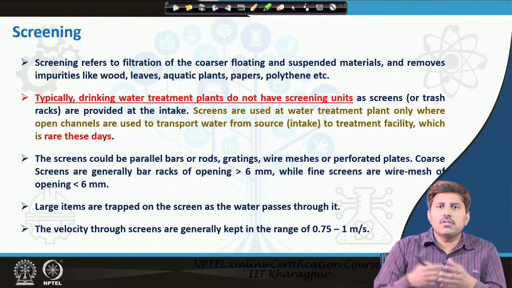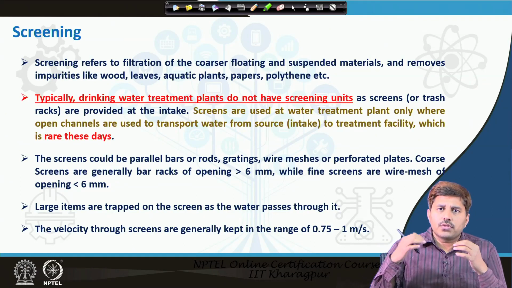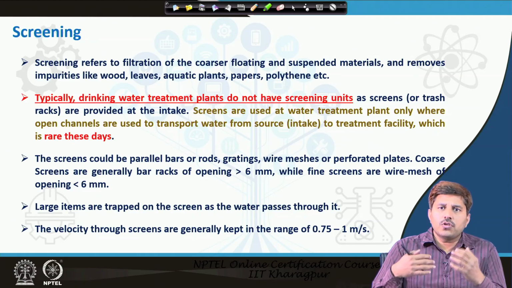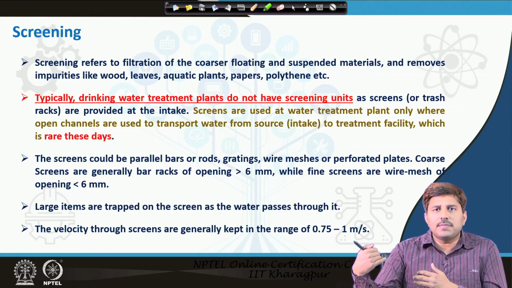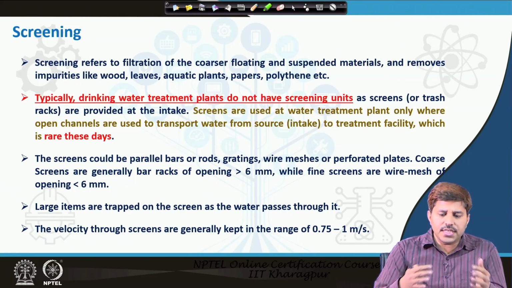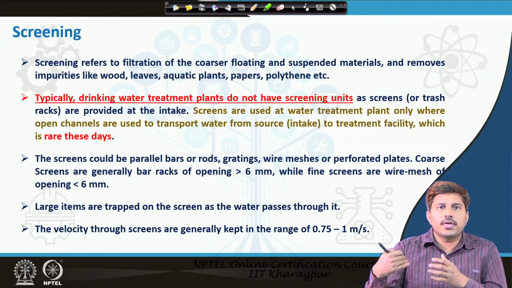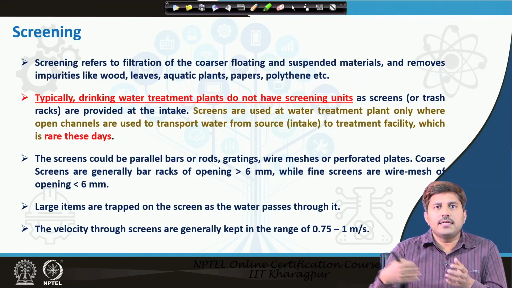As we discussed in the earlier week when we were discussing water intake, when we abstract water from the source, in order to prevent these things from entering our pipe systems, we put a certain type of mesh or screen there, so that they do not enter our pipes and spoil them.